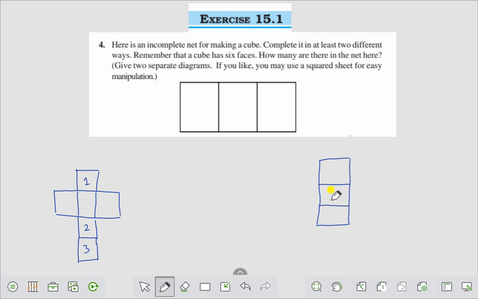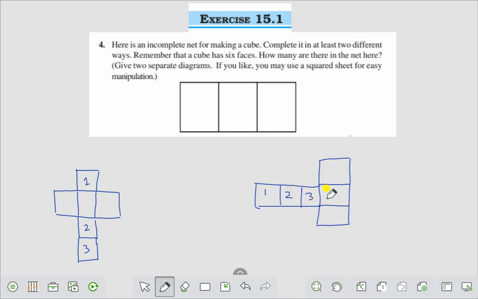If I make a face in this way, that is here, if we make three faces here, three faces, that is 1, 2, 3, then you can make a net.